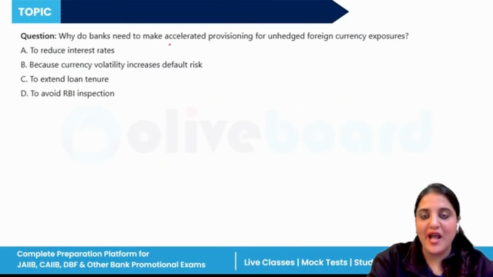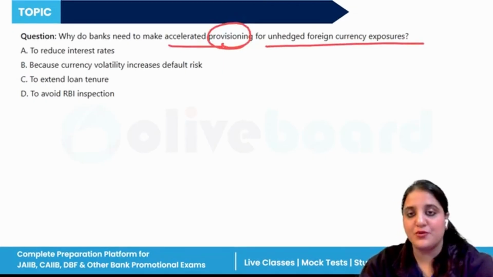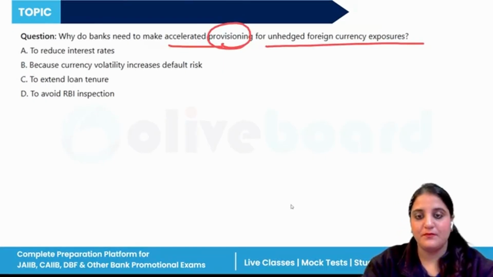Why do banks need to accelerate provisioning for unhedged foreign currency exposure? Basically, highly unhedged foreign currency exposure can increase the probability of default.